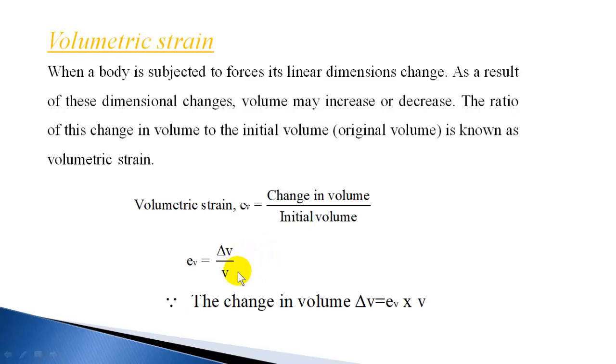So volumetric strain has no unit. But change in volume delta V is strain into volume. Whatever unit you use for volume, that will be the unit for delta V. You substitute volume in mm cube, you will be getting delta V in mm cube. If V is in meter cube, you will get delta V in meter cube.